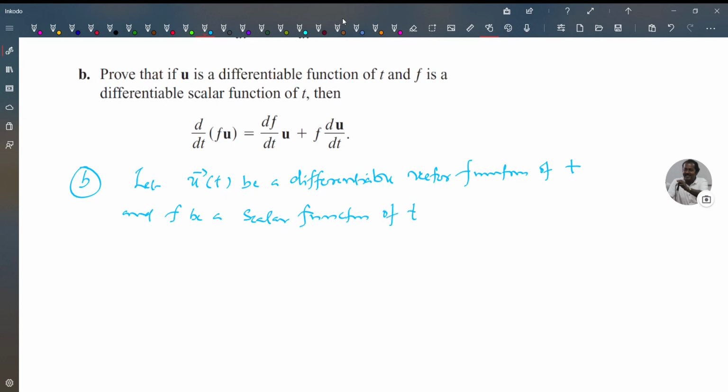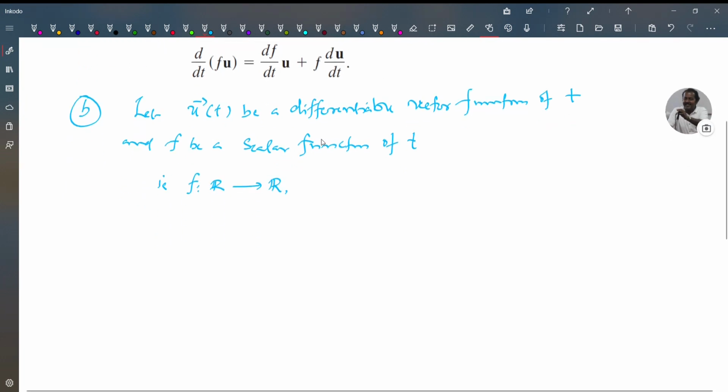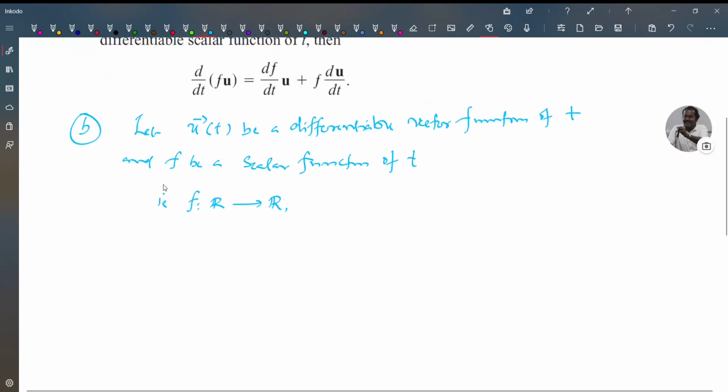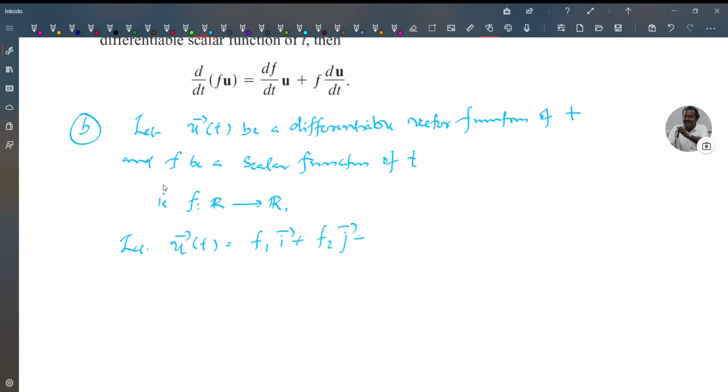That is, f is from R to R. Let u of t is equal to f1 i plus f2 j plus f3 k, where f1 is a function from R to R, it's a real function, f2 is a function from R to R, and f3 is also a function from R to R.